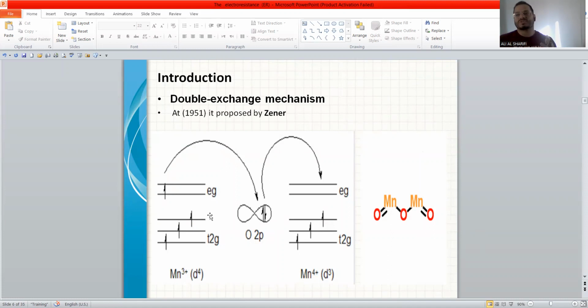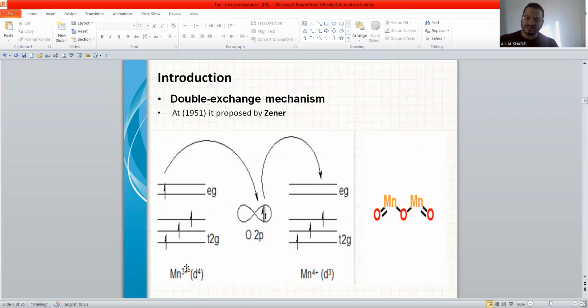Two levels for the electron to sit in, like that. The first one, t2g, is the lower one, and eg is the upper one. The t2g has 3 lines, and like I said before, in manganites we have 2 different charges, 3 plus and 4 plus.